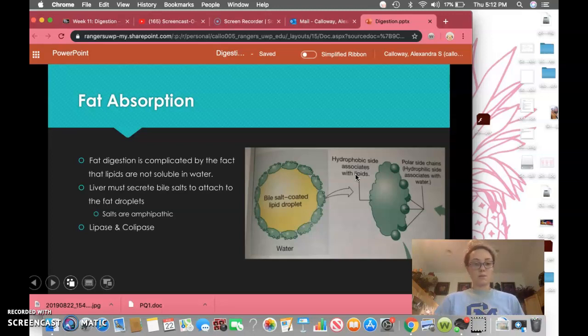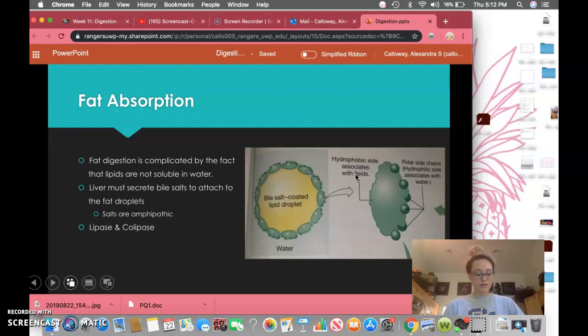And then that process actually kind of complicates the digestion a little bit further, just because two enzymes have to be released instead of one that could potentially, if it didn't have to do that. So the pancreas secretes lipase and colipase.